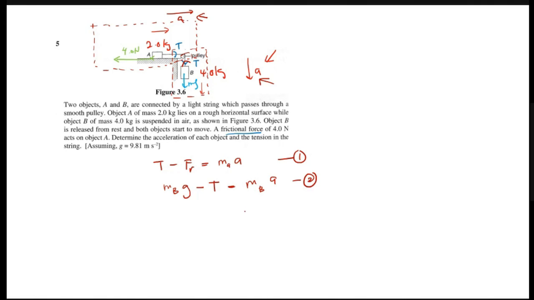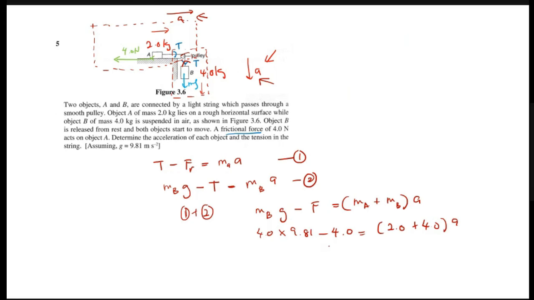So mg minus T equals ma, and if we add equation 1 plus equation 2, we have MB G minus T equals MA plus MB times A. We have 4.0 times 9.81 minus 4.0 equals 2.0 plus 4.0 times A. So 6.0 A equals 35.24, and A equals 5.87 meter per second squared.